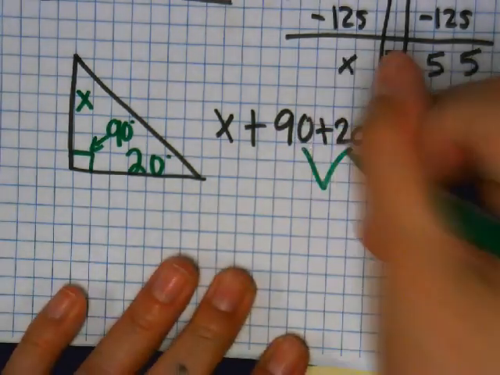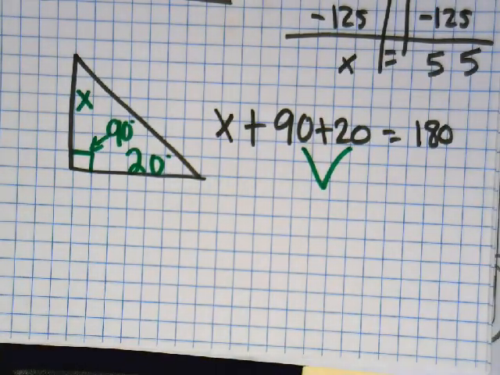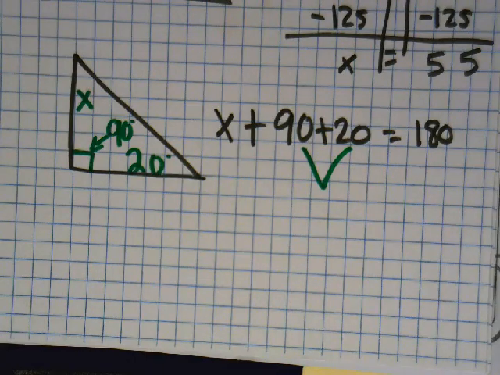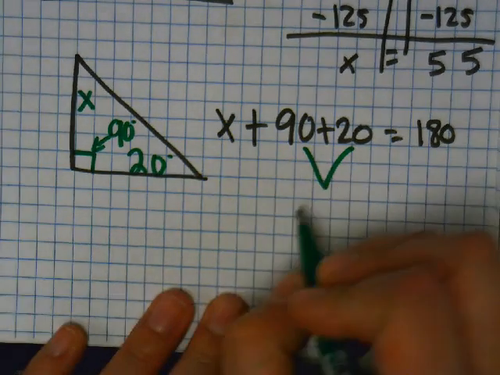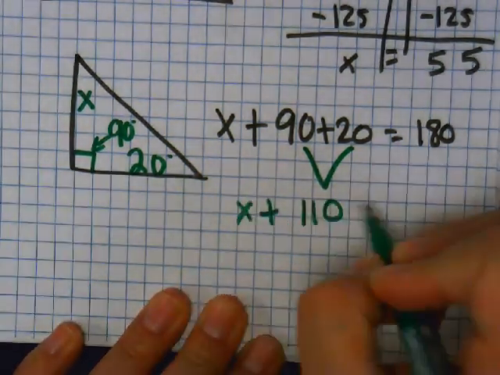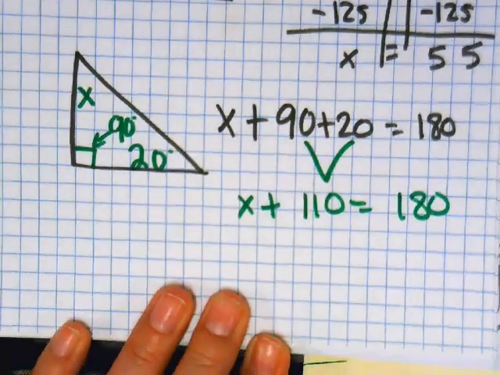Add these 2 first. All right, what's 90 plus 20? 110. Plus x equals 180.